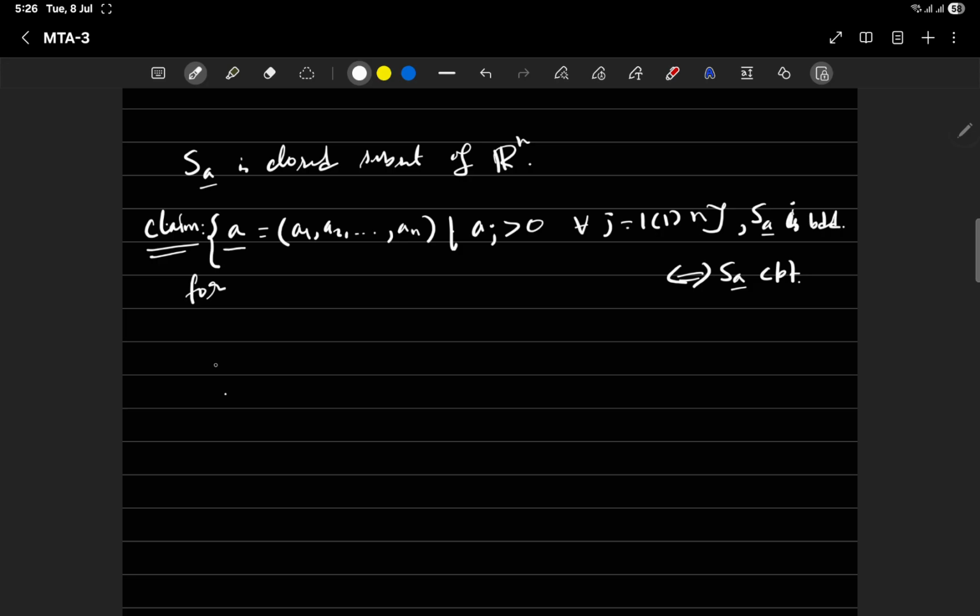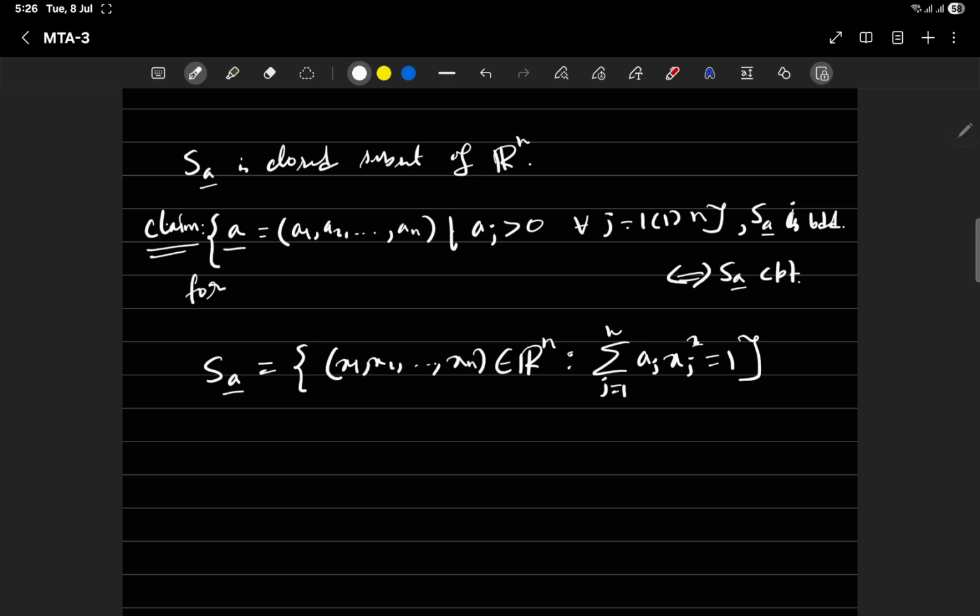So what is our SA? Formally, SA is in general the inverse image of 1, that means this set where the sum is 1. Now if each aj is positive, then xj squared is also non-negative, and the sum is 1, so can it be unbounded?